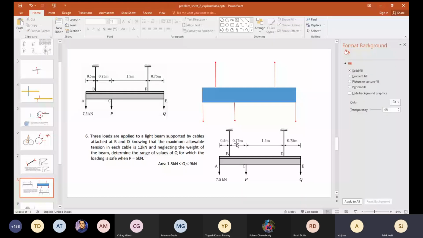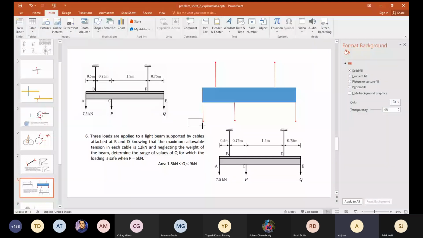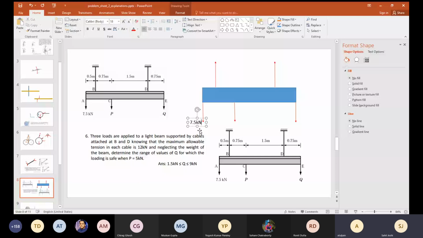Now what is known? We know that this is 7.5 kilonewton. This is known. This is known. This is unknown. This is unknown. This is unknown.